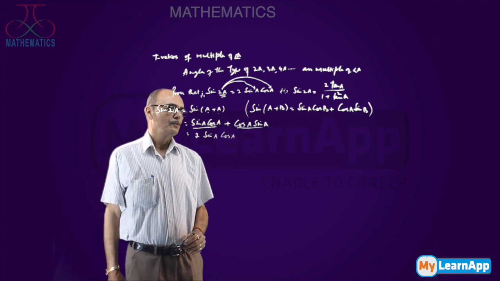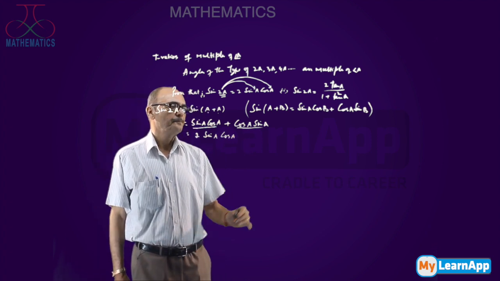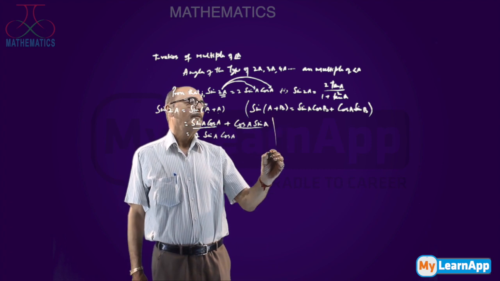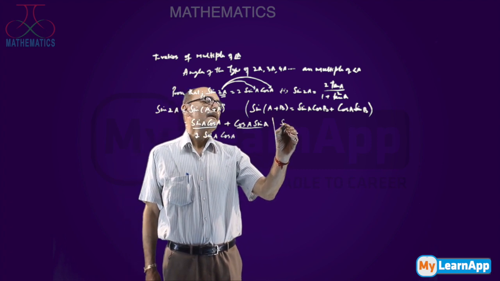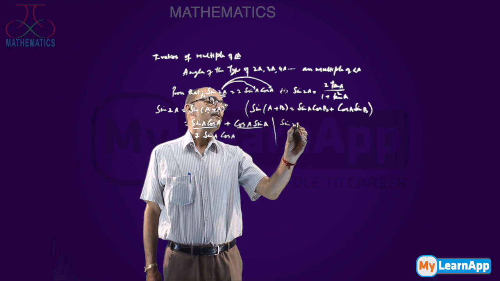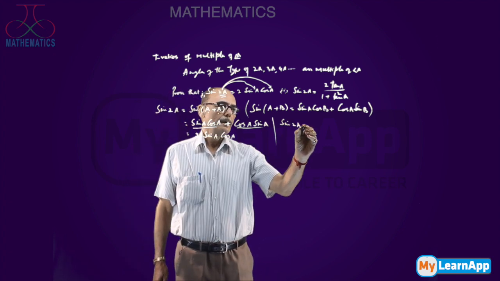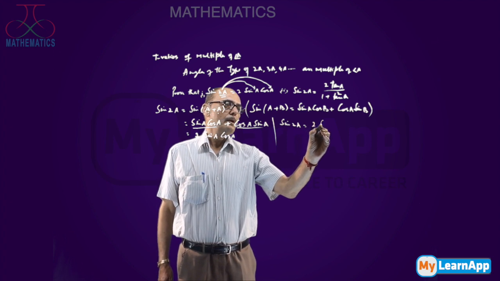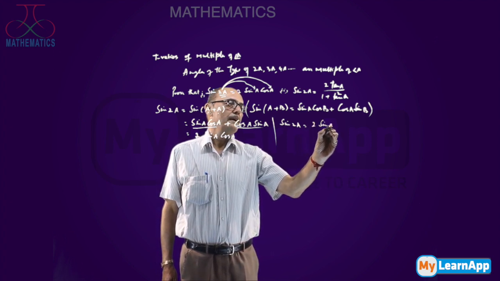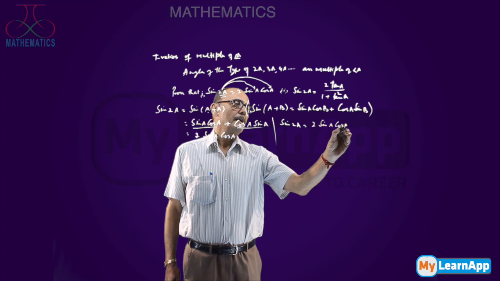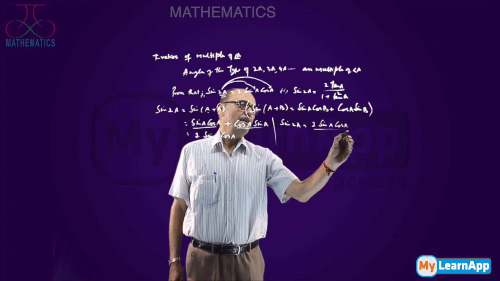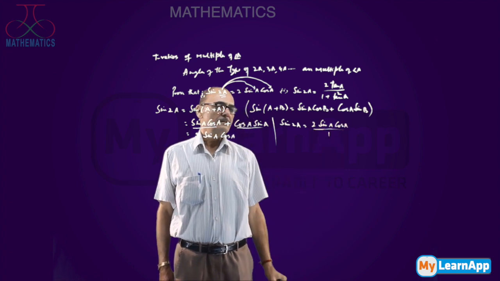Well, to prove the second result, we start with sin of 2A equals 2 sin of A cos of A. If we divide any number by 1, it remains the same.